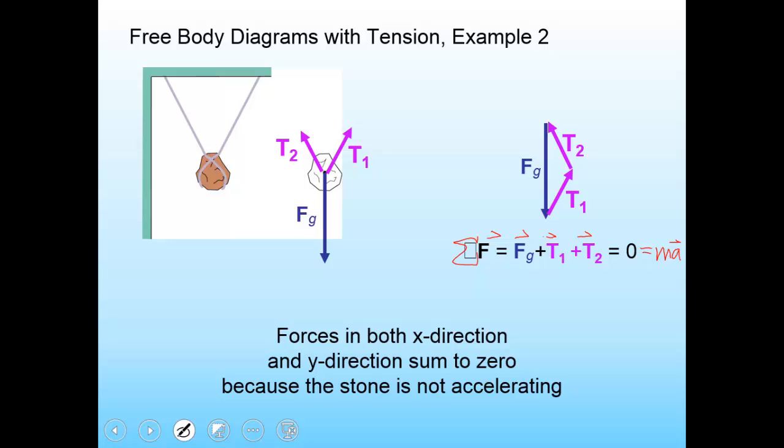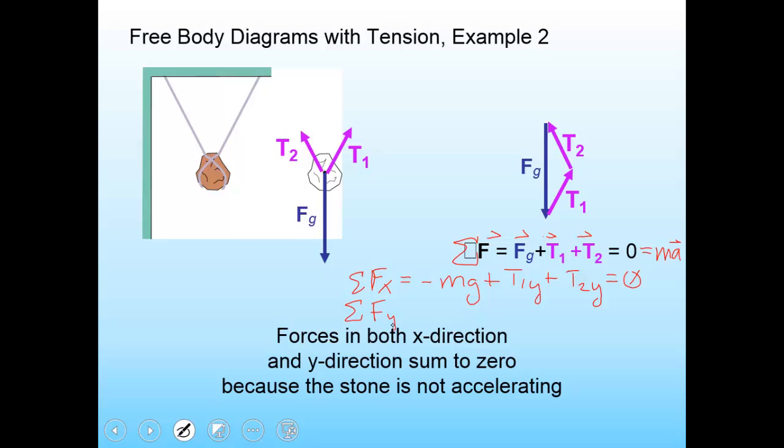So what we can write is that the sum of the forces in the y direction, which is equal to minus mg plus T1y plus T2y, all sum to 0. This is one equation that we can solve.